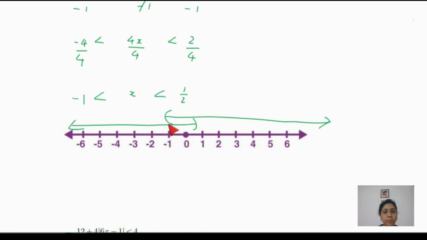So what is the overlap area? Here minus 1, here 1 upon 2, and both are not included. So the solution is minus 1 to 1 upon 2. This is our answer.